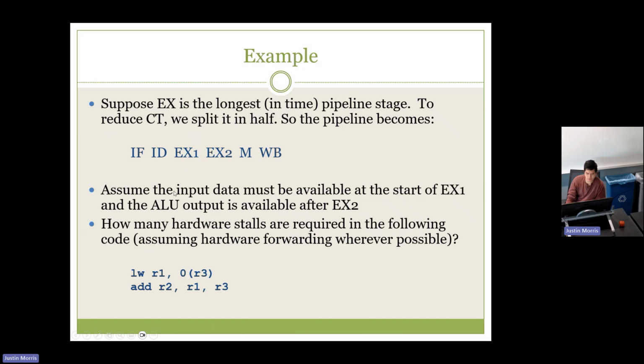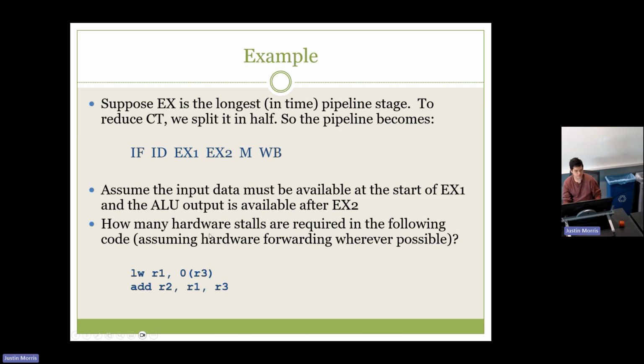And we're going to assume the input data must be available at the start of execute 1, and the ALU output is not available until after execute 2. Now, how many hardware stalls are required for the following code? We have load word, and then an immediate dependent add.